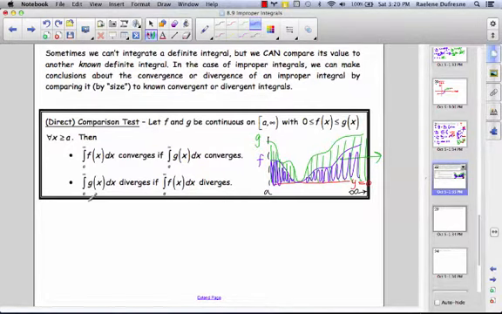However, we will say that if the blue area is not a finite amount, then we know that the green area cannot be a finite amount. And so the integral from a to infinity of g of x dx diverges if the definite integral on the same interval of f of x dx also diverges.